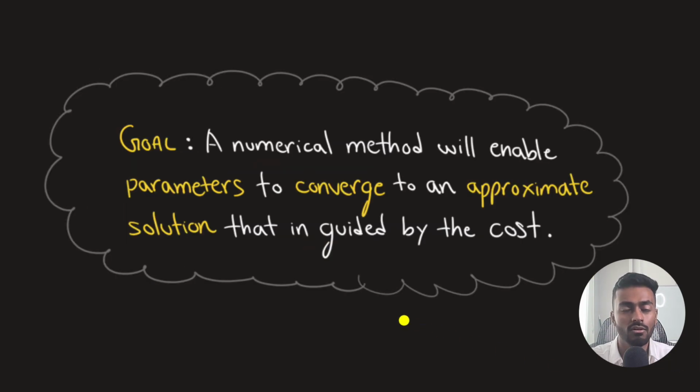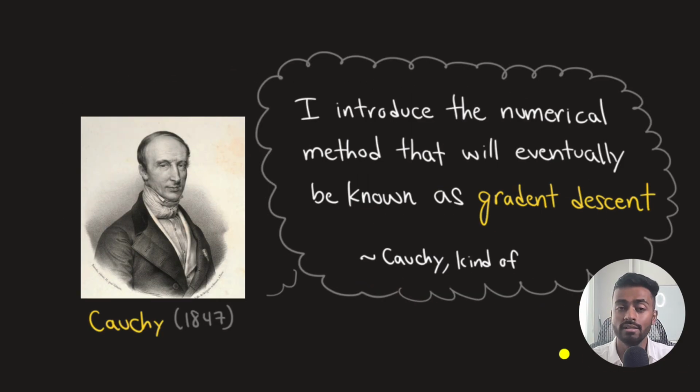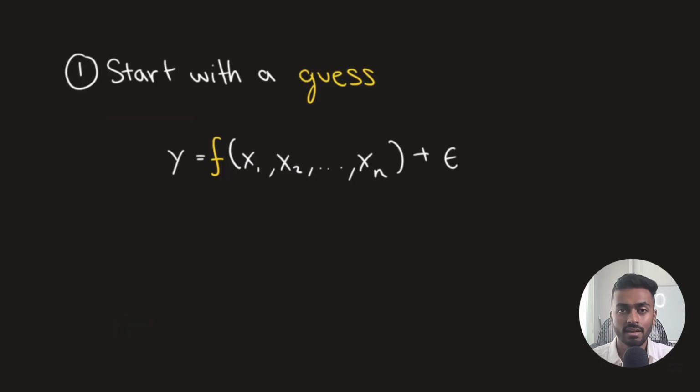The overall goal of a numerical method is thus to enable parameters to converge to an approximate solution guided by the cost. One such numerical method that Cauchy introduced back in the 1840s is known as gradient descent. Step one was starting with a guess. Let's say the problem Cauchy wanted to solve can be boiled down to look like this.